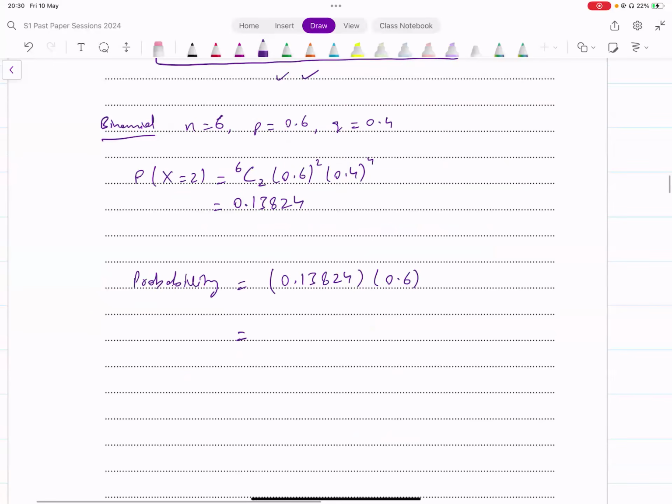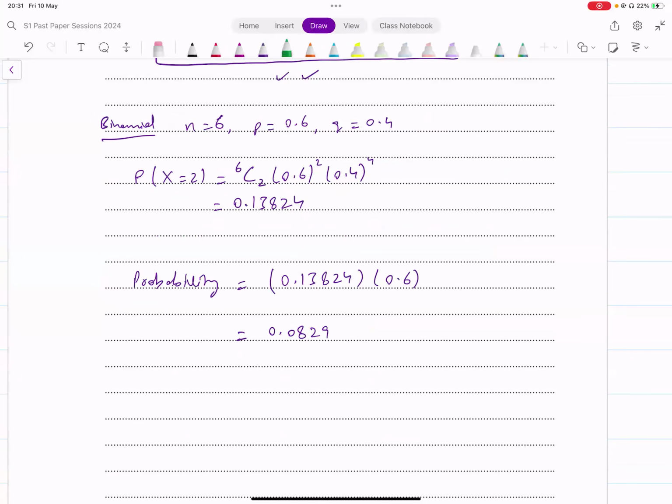And that will give you the final result. You can see what this is. 0.6 into 0.13824, that is 0.082944. So that's 0.0829. That's the probability that you get.